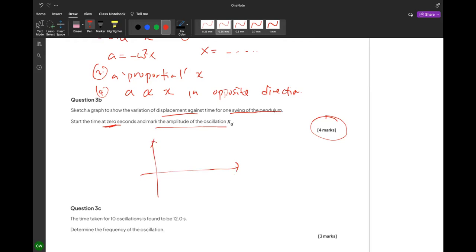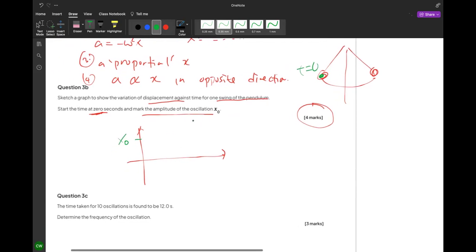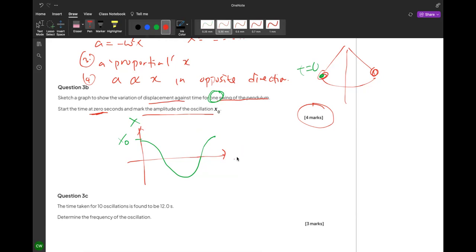How do you start the pendulum? You have to start from here. Then at time 0, it is here, so it should be at the highest point. Then this is for one swing. So this is the displacement, and this is the time. Nearly S naught.